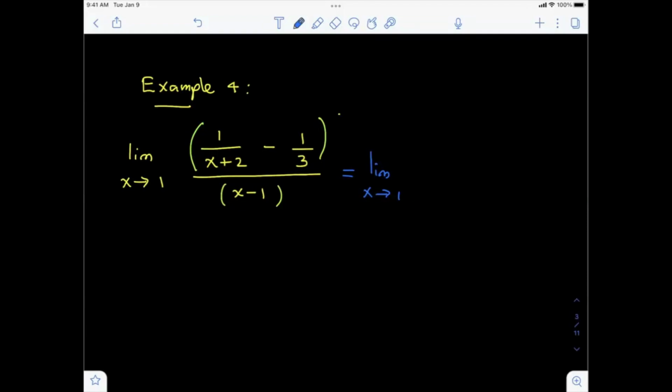Now let's see what we should do in this case. All right. So I'm going to take this numerator and let's simplify it. I'm going to take the common denominator of that numerator. So that's going to be x plus 2 times 3. And when I do that, don't forget I need to cross multiply these pieces.